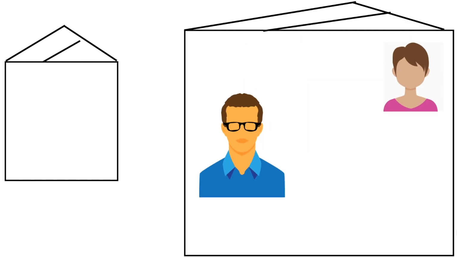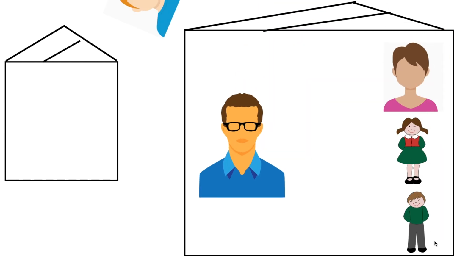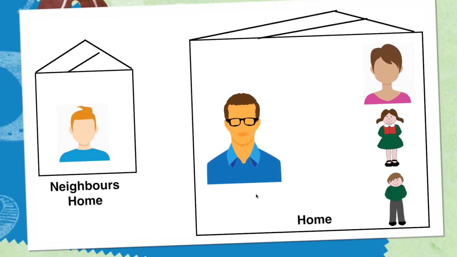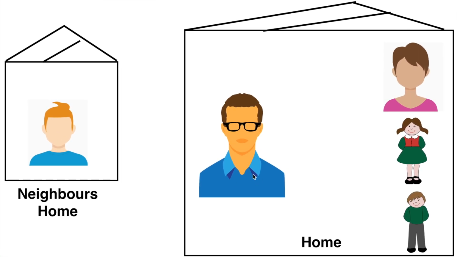In this house, there are 4 people staying, let's say mom, dad, a brother and a sister. And let's say there is somebody else staying here in the neighbor's house. Okay, so the reason why I have placed this picture differently right here, right in the front, is because he is the dad. He has all the responsibility of this home.